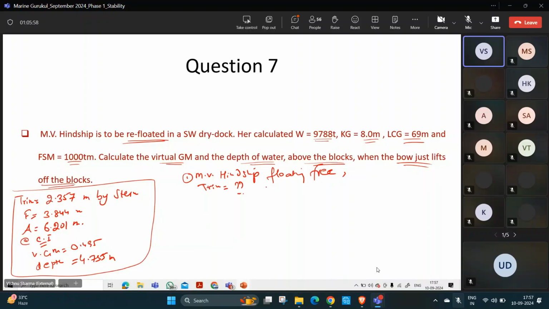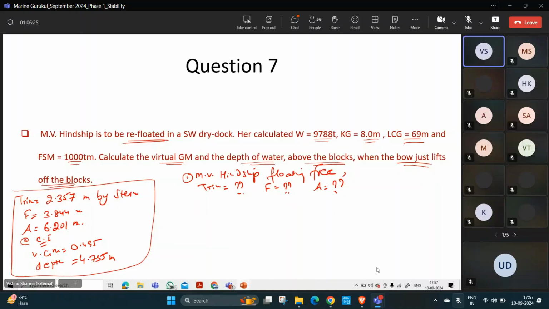What will be the draft forward? And what will be the draft aft? First step we'll do is this: in the given condition of displacement, KG, LCG, FSM, if the ship was floating free, what would be her trim, by head or stern, together with the value, what will be her draft forward and what will be her draft aft.